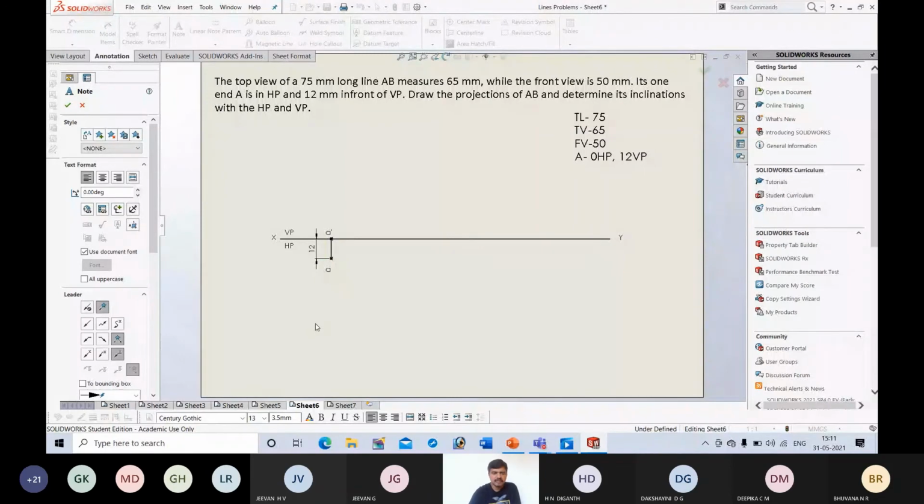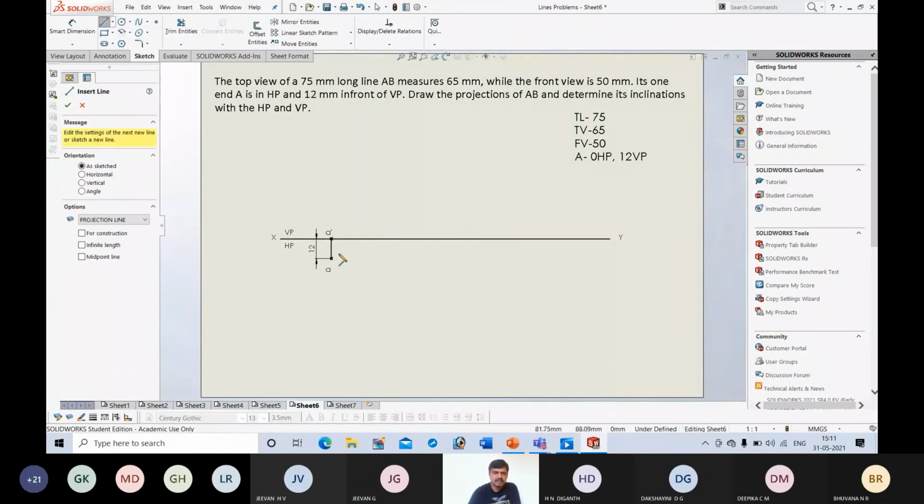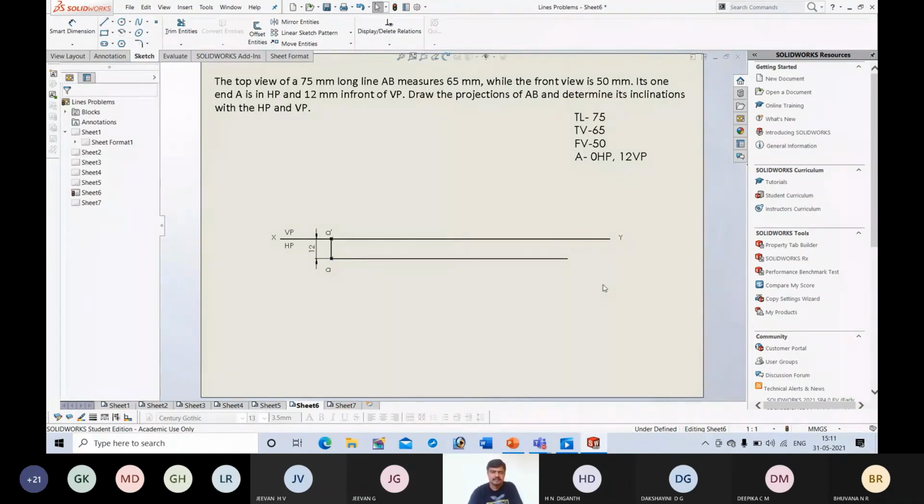After locating the point, immediately you should draw the locus. Don't go for any other procedure, follow this procedure. The locus of A dash, XY itself is the locus of A dash, so there is no need to draw one more line. But for A, I should draw a horizontal line, which itself is the locus of A. Next, I know the true length, and I know the length of the top view and front view, but I don't know the inclination.